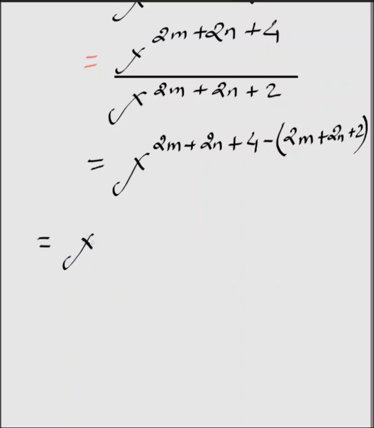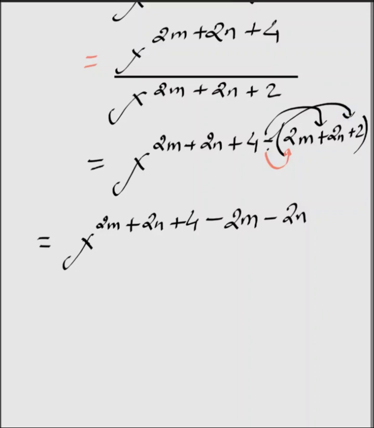Now x 2m plus 2n plus 4 minus this goes here, so it's 2m, this goes here, so minus 2n, this goes here, then minus 2. It means minus into plus is minus, minus into plus is minus, and again minus into plus it's minus. So minus minus minus.